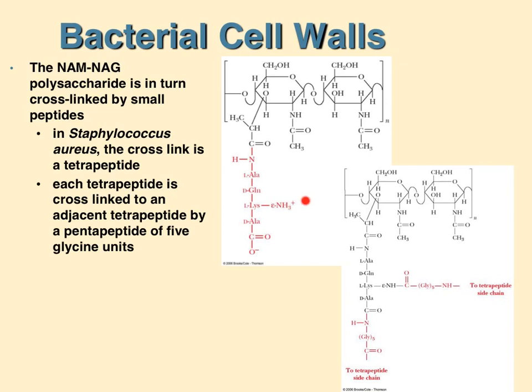Well, that one amino group, the epsilon amino group, is then used to make a new peptide bond going the other direction with 5 glycines, and those 5 glycines can then be formed to another peptide bond to another group of 4 on another side chain. So it makes the bacterial cell wall extremely, extremely tough. That's the reason why, not only do you have sugars, but you've got amino acids forming, they're not really proteins, but they form these amino acid bonds that help hold them in place, okay?